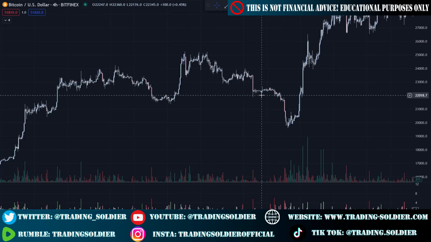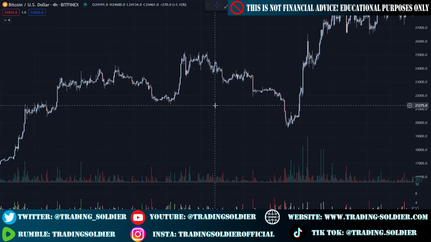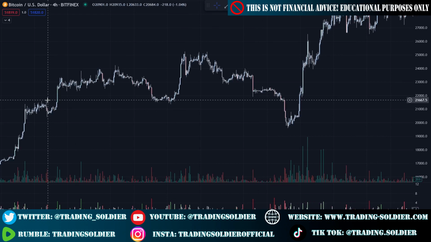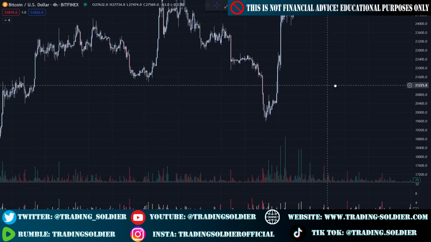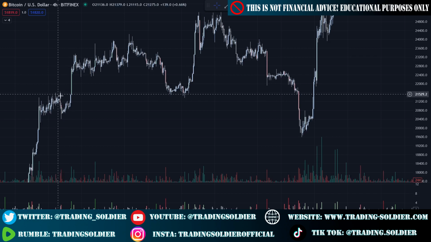Then, as the last example, I will give you the third scenario, which is when we break out of a support or resistance level. In this case, we broke this support level, because you can see this area was resistance, then flipped to support, and then flipped again.